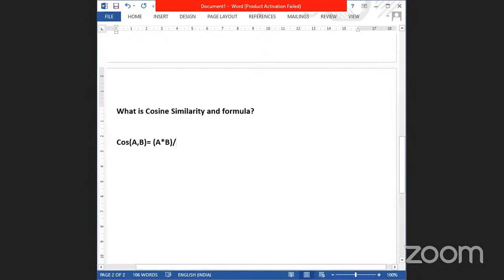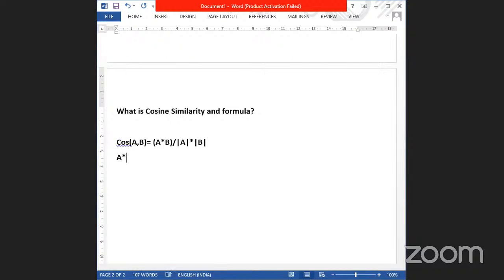Okay, so the modulus of capital A should be there, close it and multiply it with modulus of capital B this way. So what is A into B here?